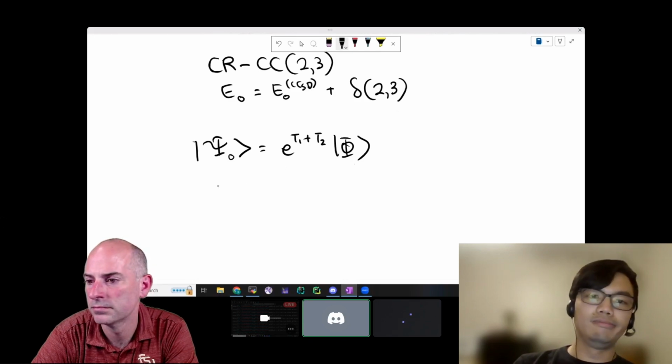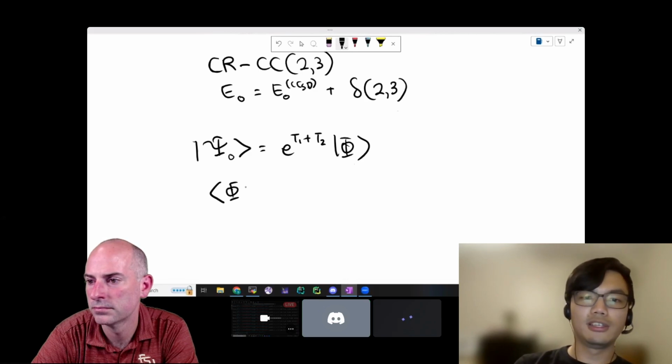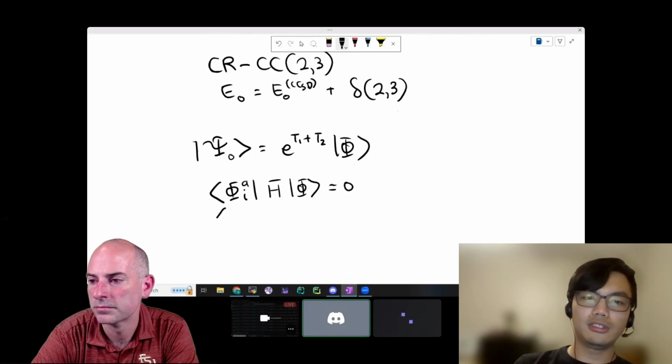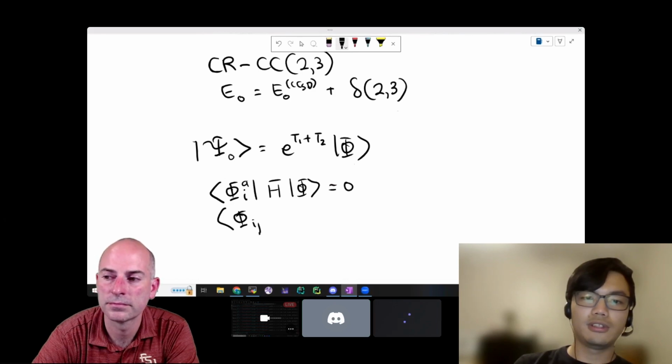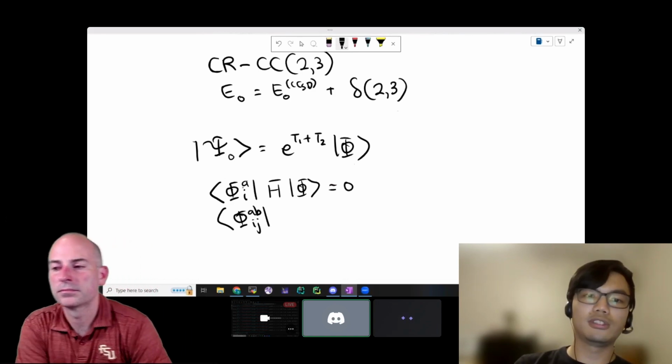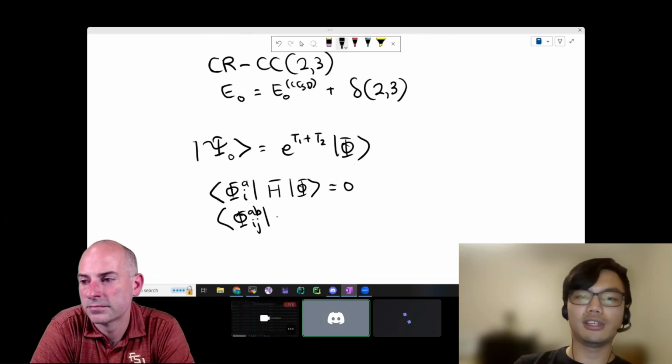First you solve for the T1 and T2 amplitudes by solving projection on singly excited and doubly excited determinants. This is how we denote singly and doubly excited determinants.